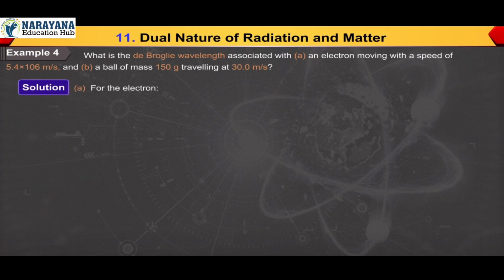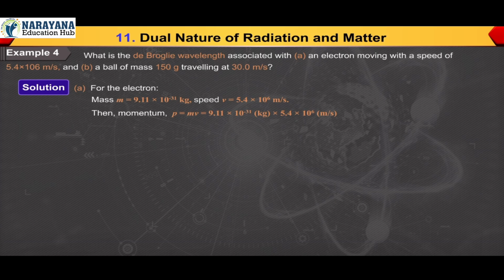Solution. (a) For the electron, mass m is equal to 9.11 × 10^-31 kilogram. Speed v is equal to 5.4 × 10^6 meter per second. Then momentum p is equal to mv is equal to 9.11 × 10^-31 kilogram × 5.4 × 10^6 meter per second. p is equal to 4.92 × 10^-24 kilogram meter per second.